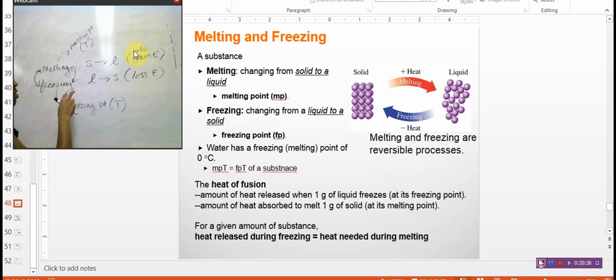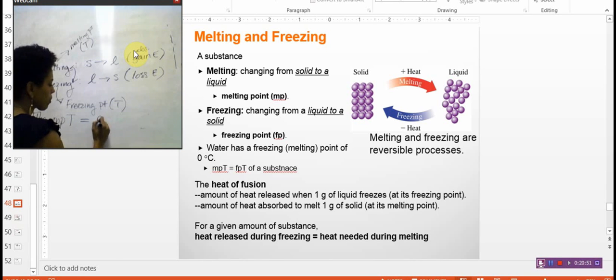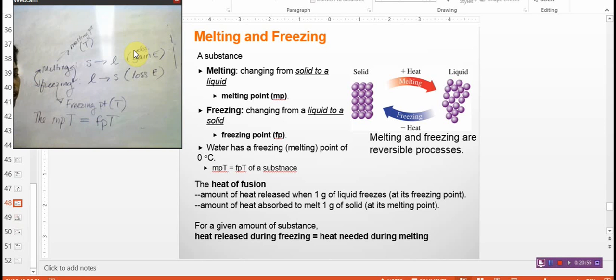And because these are two reversible reactions, the melting point temperature is going to be equal to the freezing point temperature, just by virtue of the fact that they are opposing phase changes.